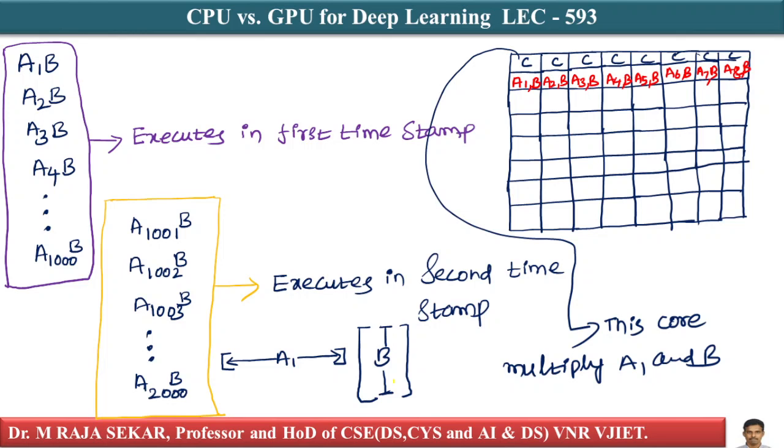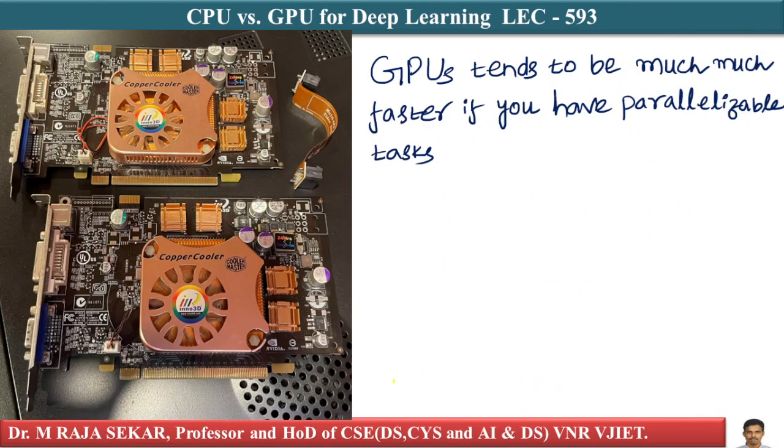And because I have thousands and thousands of cores, GPU tends to be much faster if you have parallelizable tasks. That's important.